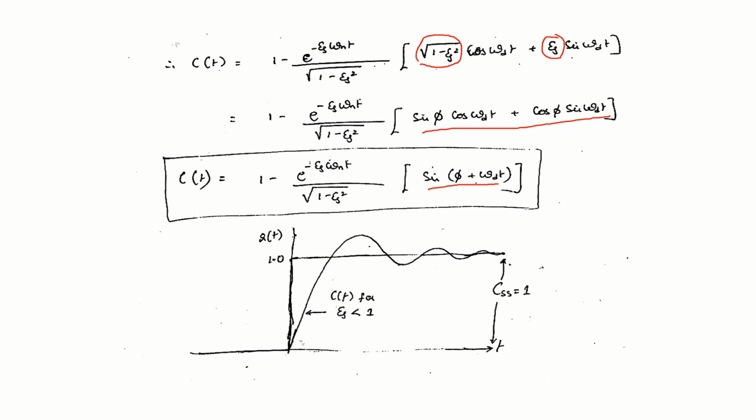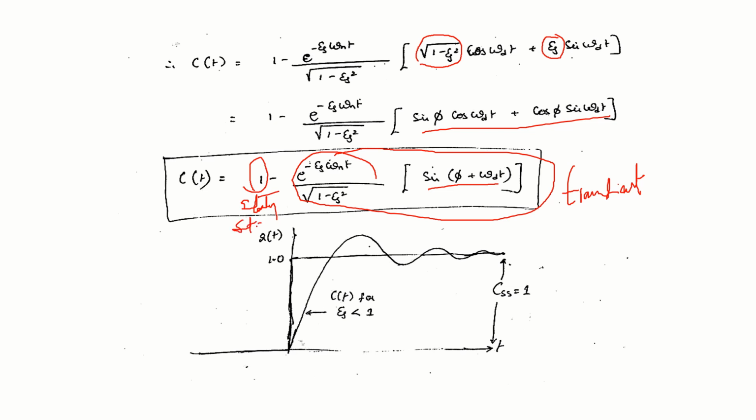Okay. Now you can see that this is the amplitude term. This whole thing is the transient part. This is the transient response of the second order system. And this is the steady state part of the response. Steady state, correct?